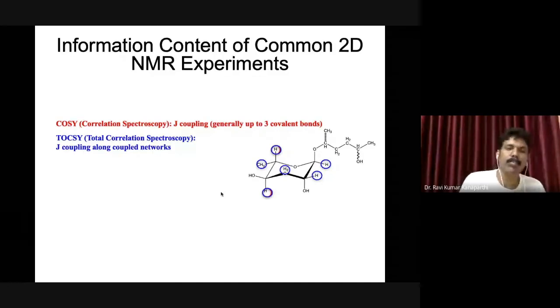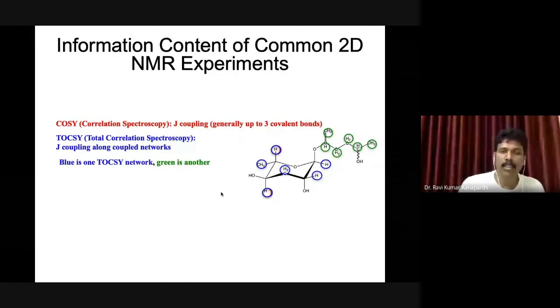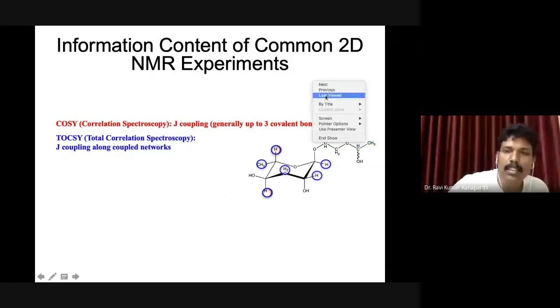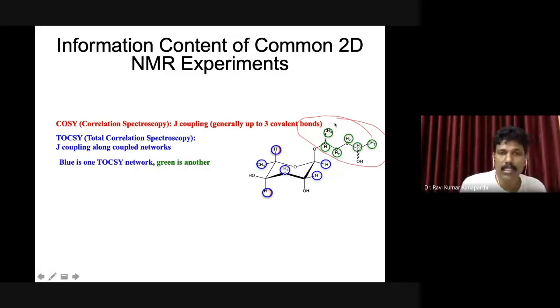If you are considering all those correlations, that is called total correlation spectroscopy. And you can see this region here, that is the total correlation of that one. That is also a total correlation, but the network is different.